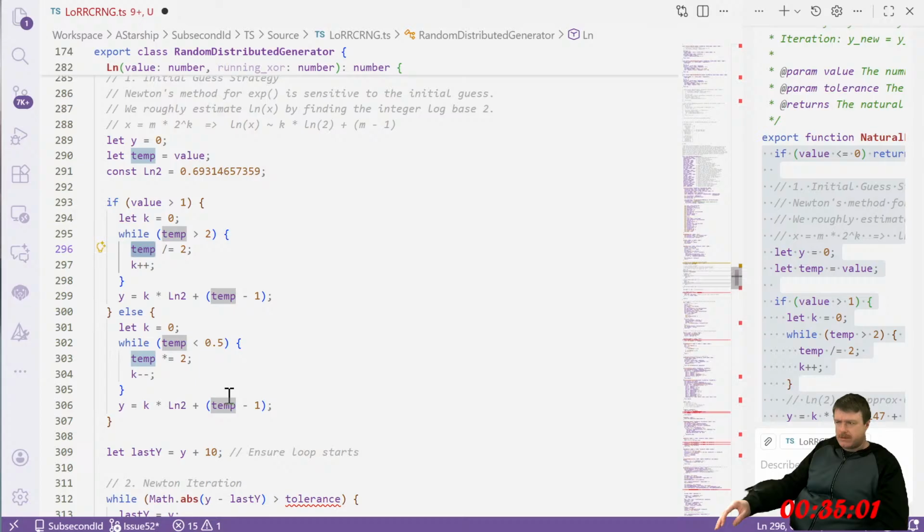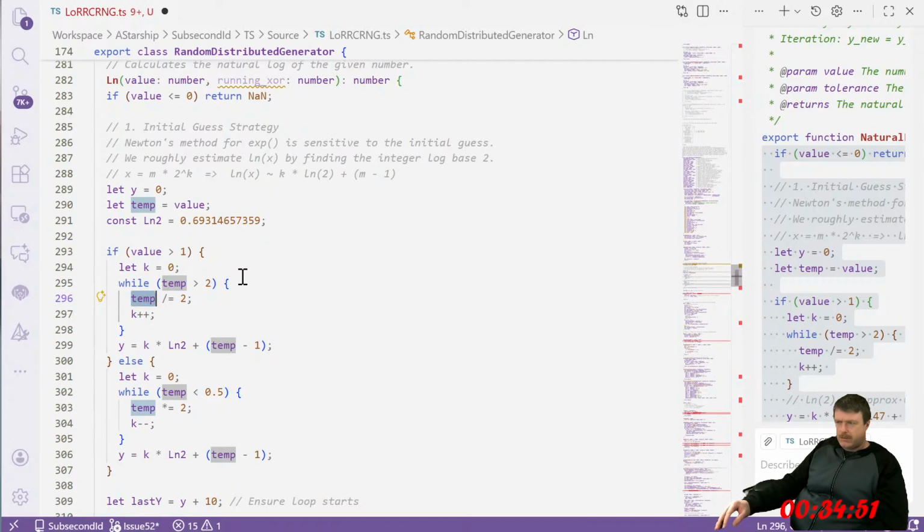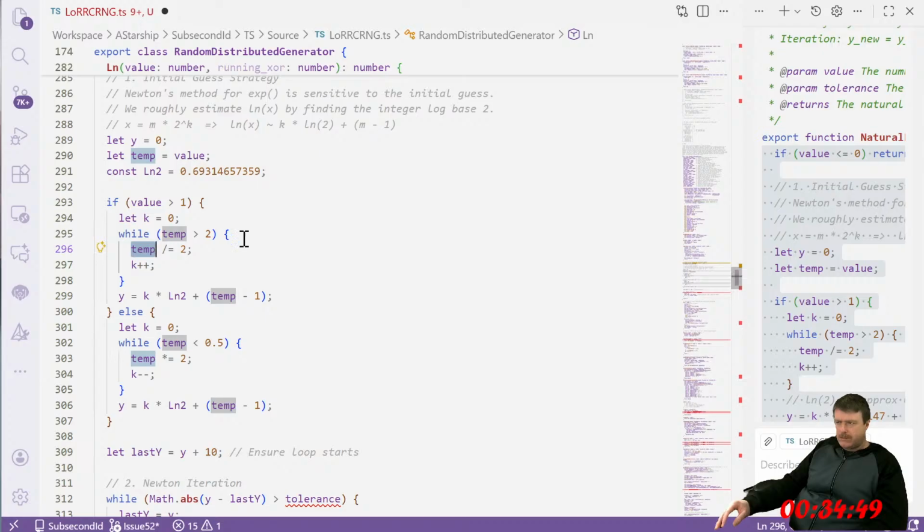What is this? This doesn't look like anything markup there.